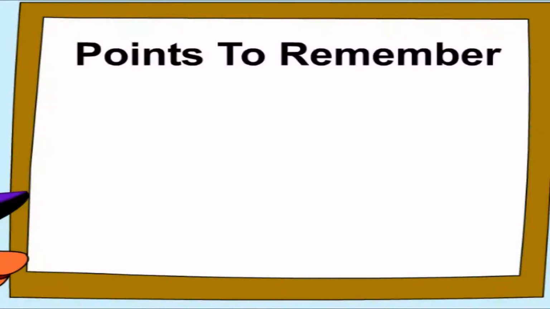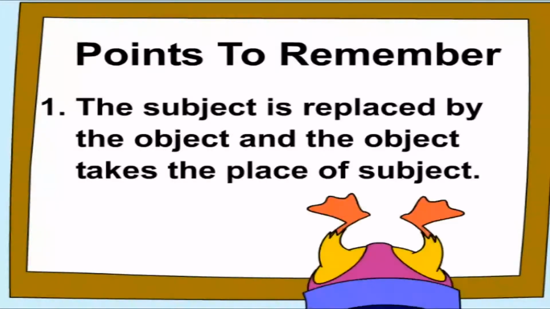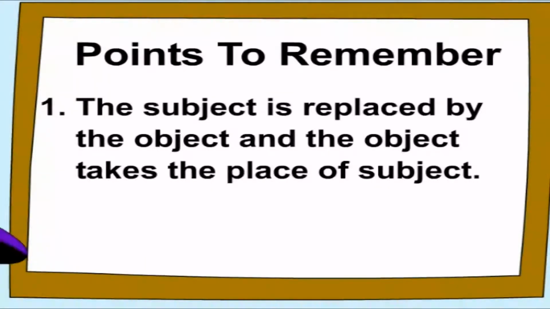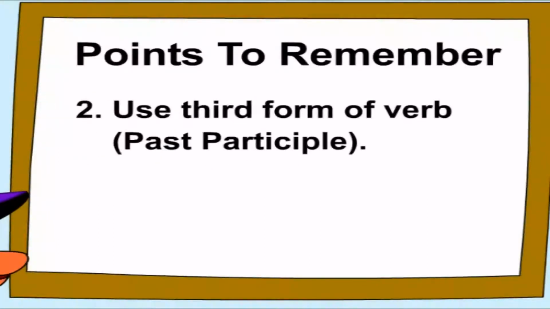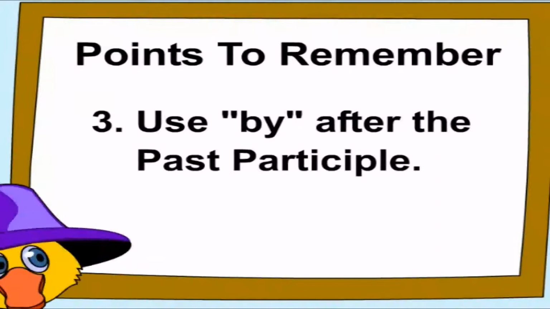Points to remember. 1. The subject is replaced by the object and the object takes the place of the subject. 2. Use the third form of verb, the past participle. 3.